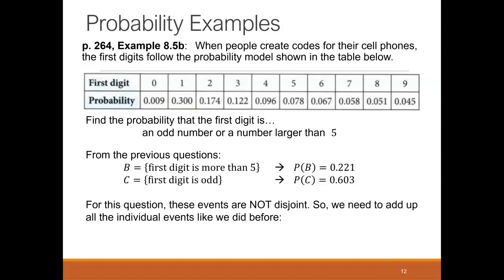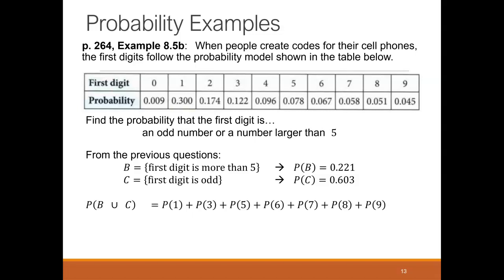So we can add them up individually, like we did before. Or alternatively, you could take this and then subtract off the two probabilities that you're counting twice in doing so, right? Because the probability of B counts 7 and 9. The probability of C also counts 7 and 9. We don't want to count them twice. So you could take these two, add them up, and then subtract off the 7 and 9, which have been counted twice, and you'd get the same answer.